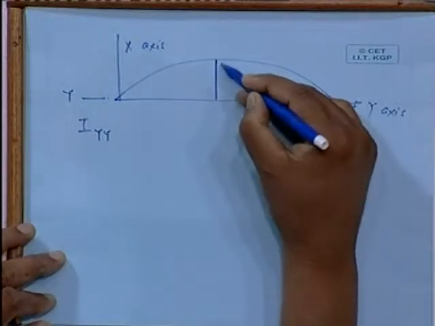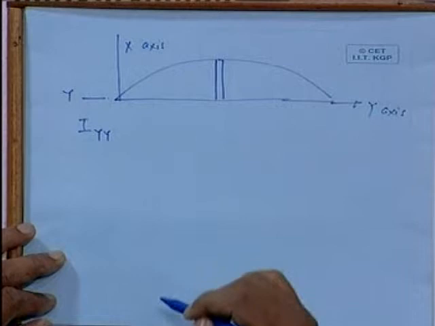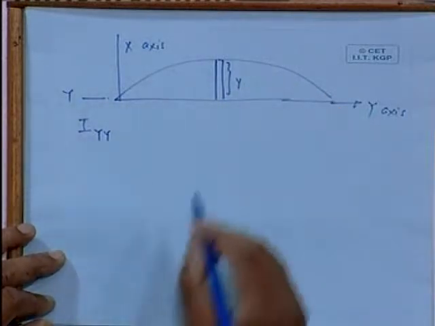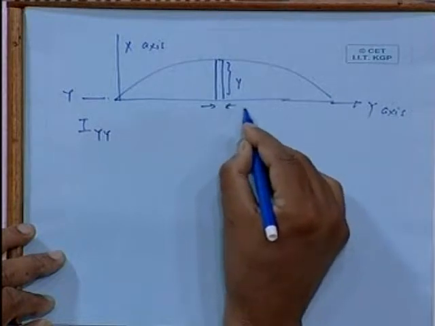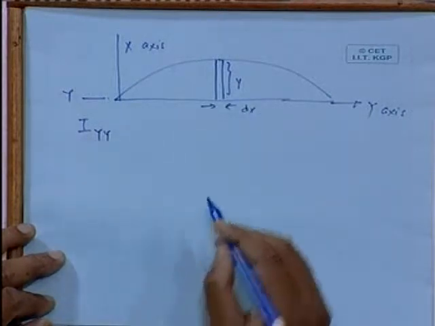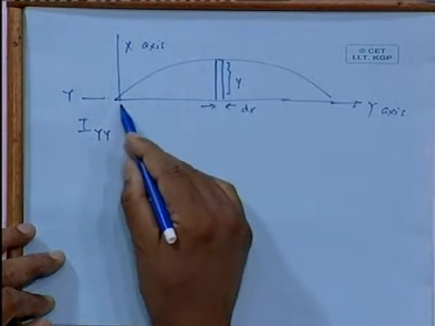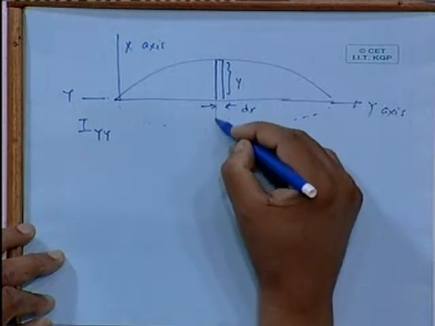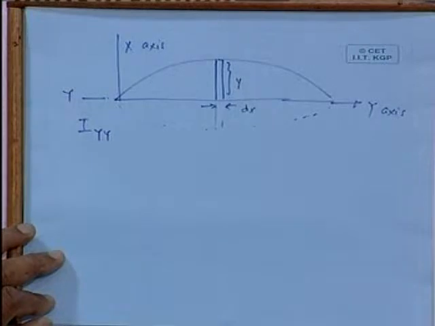Now you see here I have got this. This is my y. This is my dx. Actually, the ship would have had a full length with y this side.